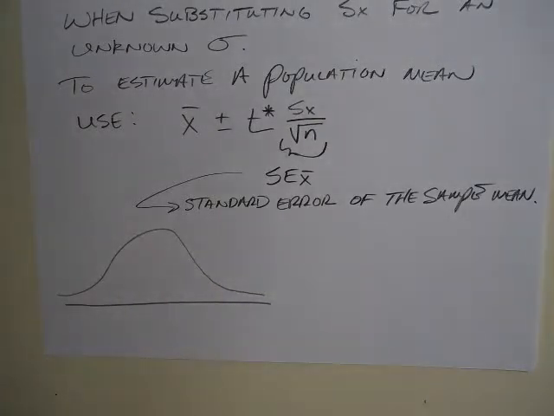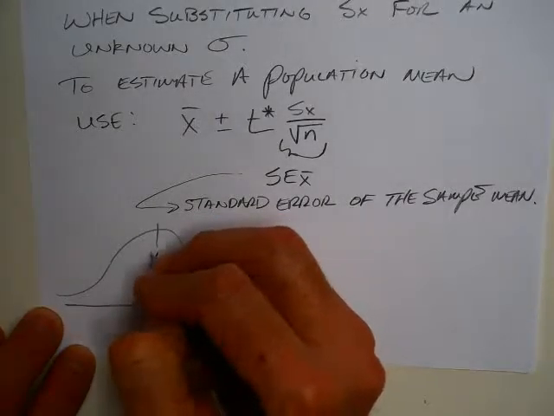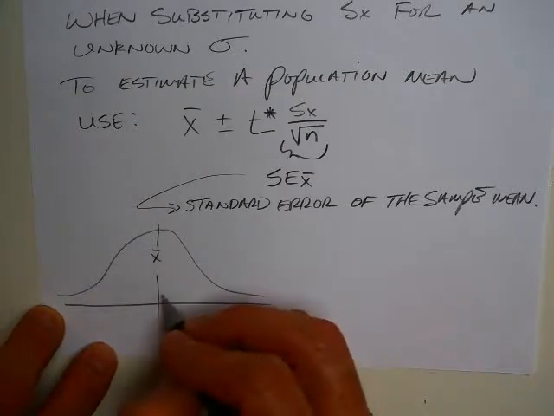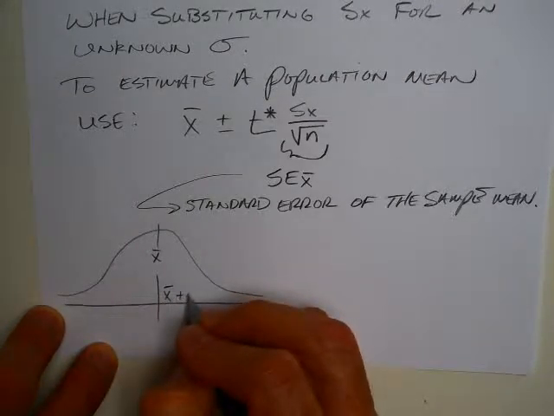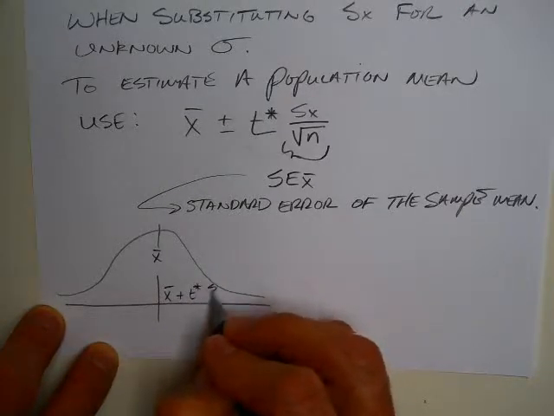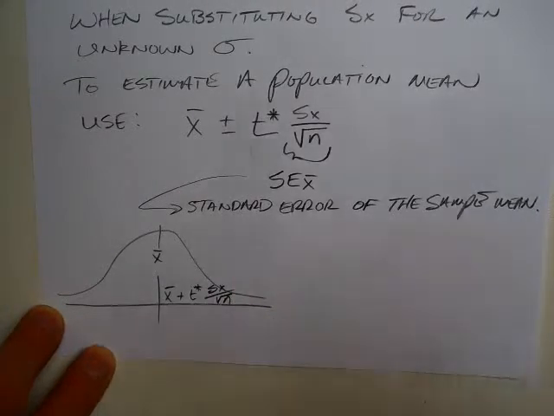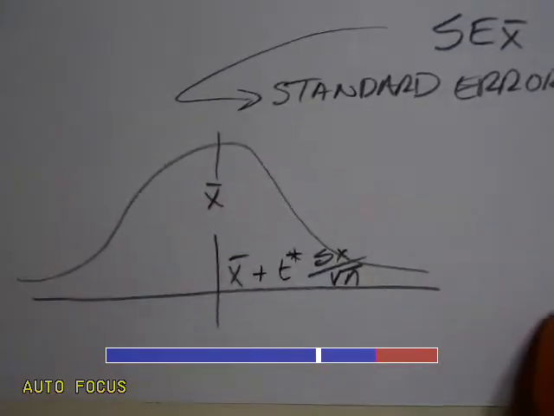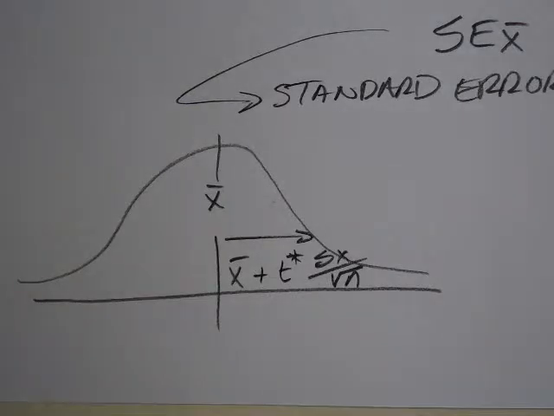Okay, so that's my attempt at a normal-ish curve here. So we have x bar in our middle. So this is x bar plus t star times sx over the square root of n.